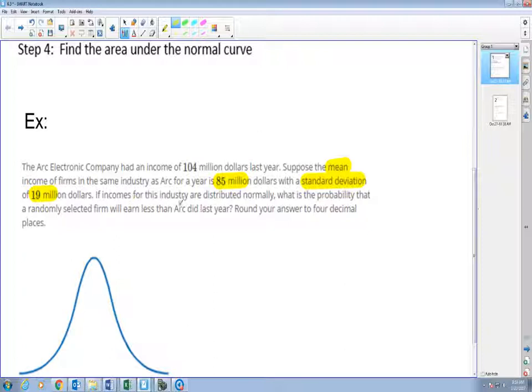If incomes for this industry are distributed normally, what is the probability that a randomly selected firm will earn less than ARC did last year?